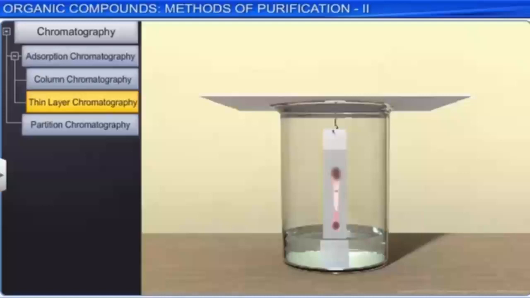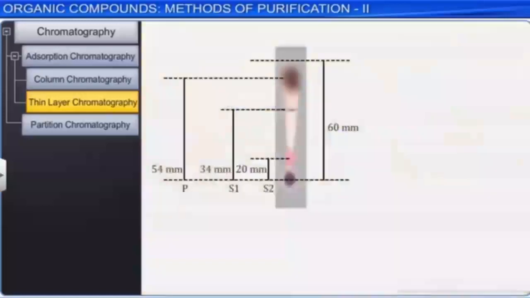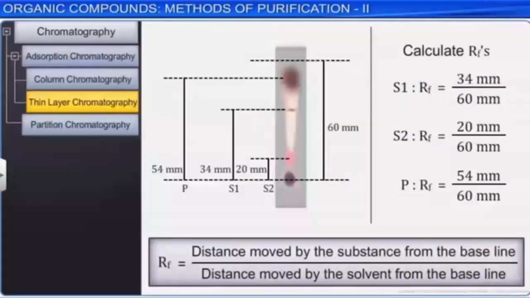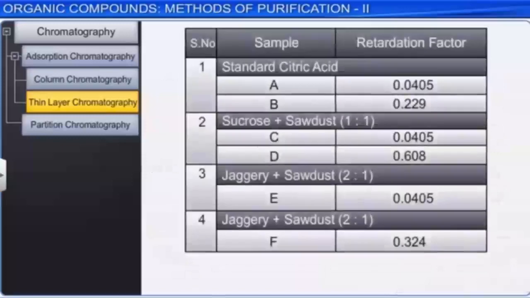The value of the retardation factor is determined by dividing the distance moved by the substance from the baseline by the distance moved by the solvent from the baseline. The retardation factor of a component is unique with respect to a stationary phase. Hence, any unknown component present in a mixture can be identified with the help of its retardation factor.